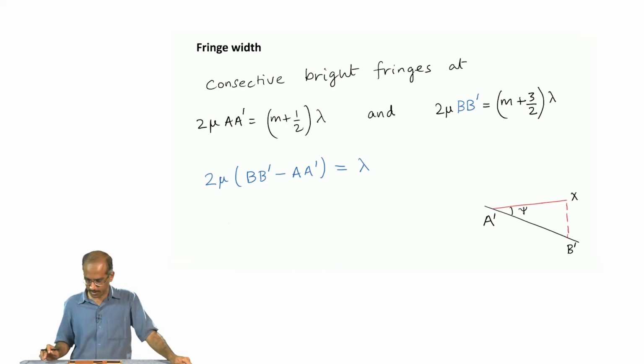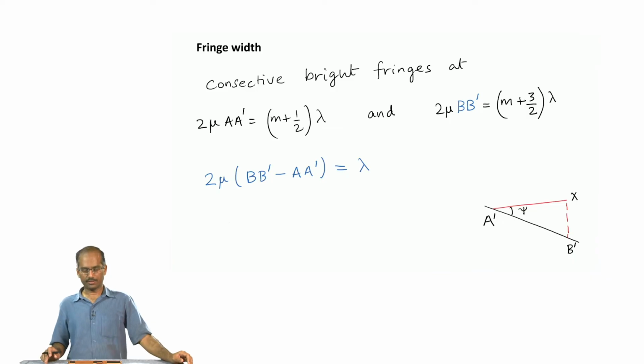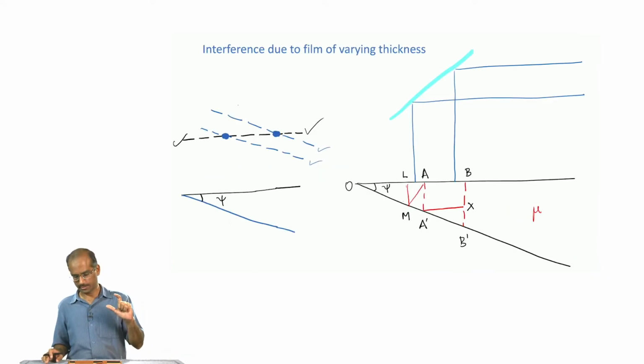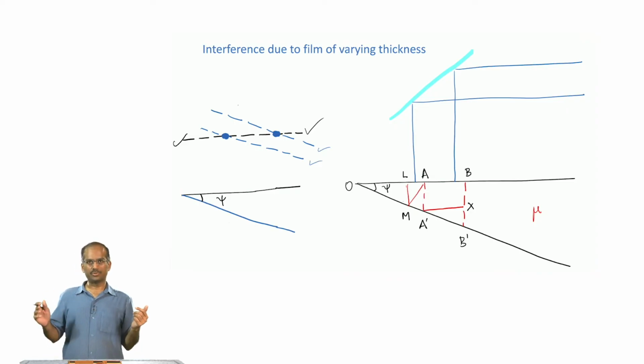Going back to this figure, let us assume that one bright fringe takes place at AA prime, that is, when the distance AA prime matches the condition for a bright fringe, you get a bright fringe. And the next one, when this condition gets satisfied, is at the position where B prime is marked. So, I want to know the distance between these two positions, AA prime and BB prime.